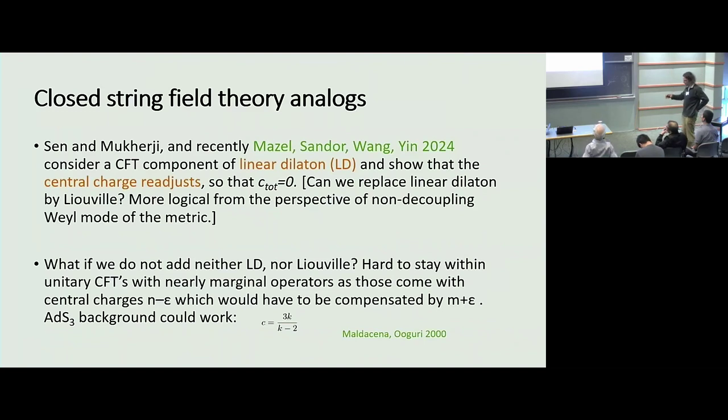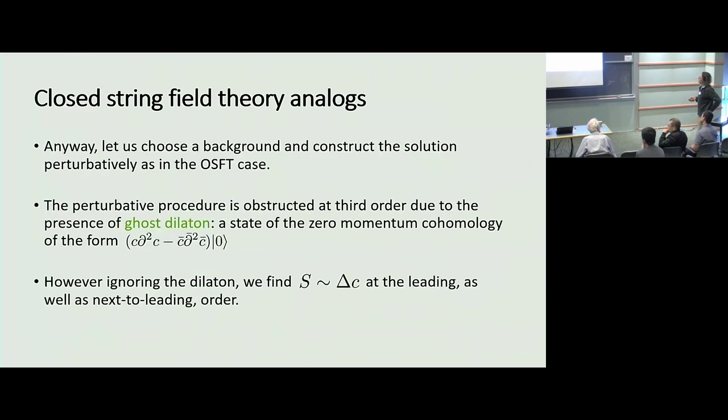For minimal models, at large p, they go to 1 minus something that goes like 6 over p squared. And you would have to compensate it by something like that, and this doesn't look quite right in the context of unitary CFTs. But for example, we can take the Baldacci-Auguri AdS3 background of non-unitary SL(2,R), the Simeon-Witten model, and then it actually has this property. So this is how we could compensate it instead of the linear dilaton, which I think would be very nice.